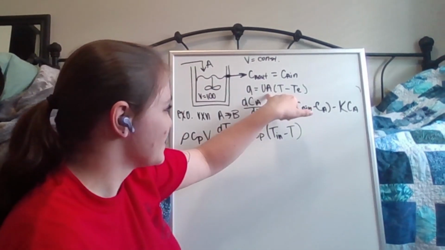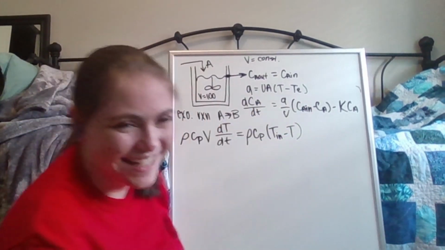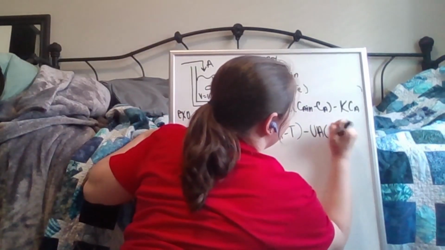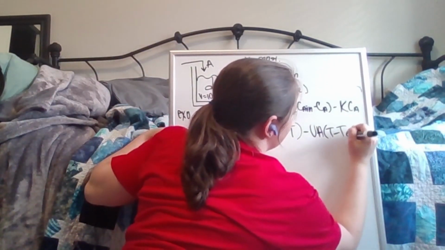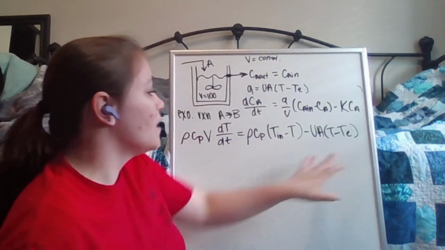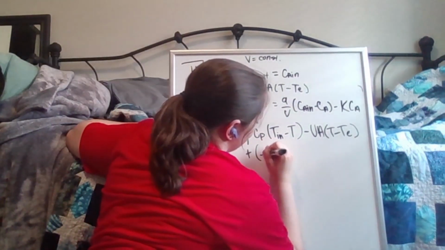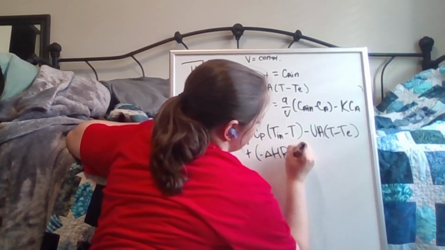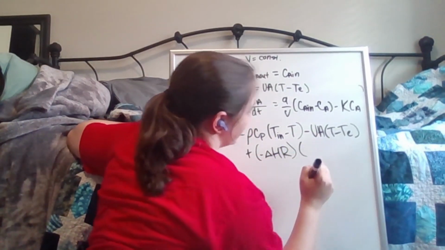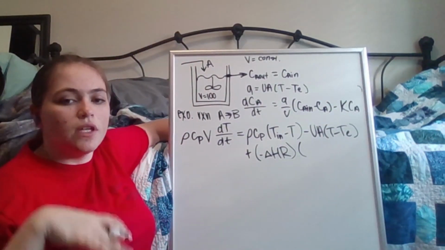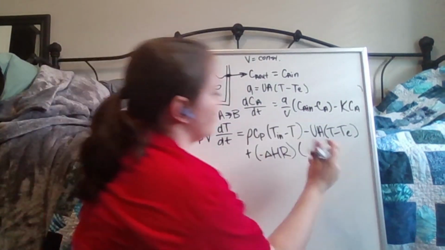Rewind. Subtract that. So minus UA, T minus TE. All right, and then we add in HR times our K, our VKCA like before.